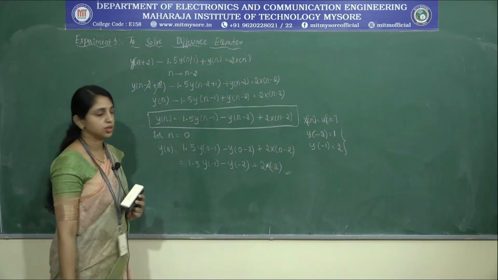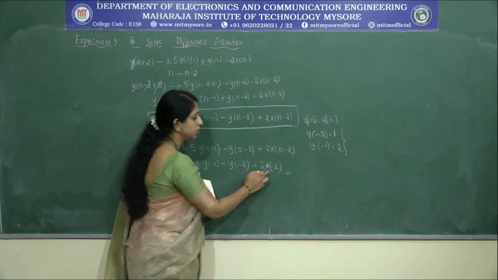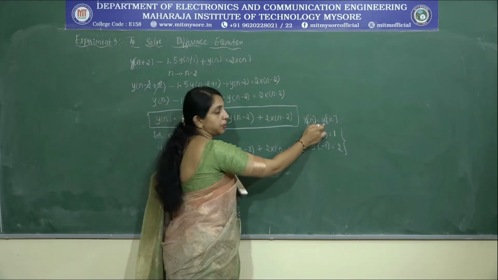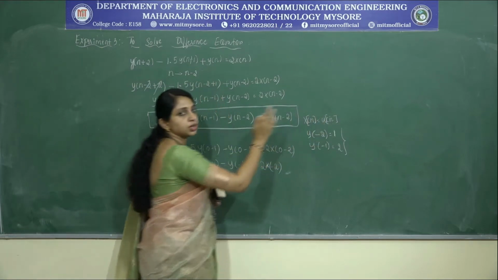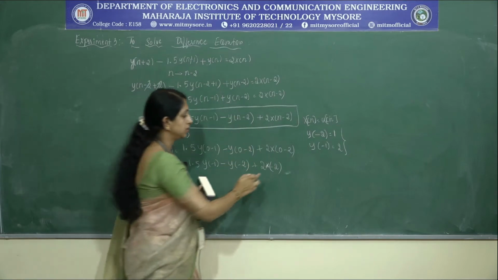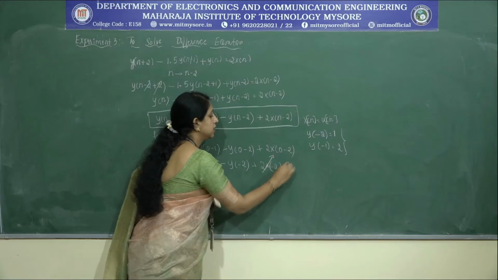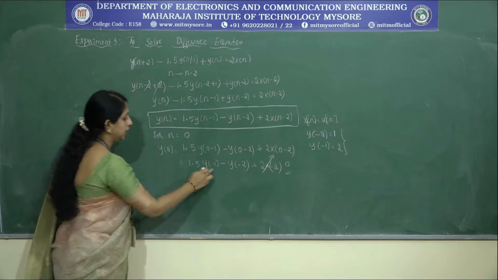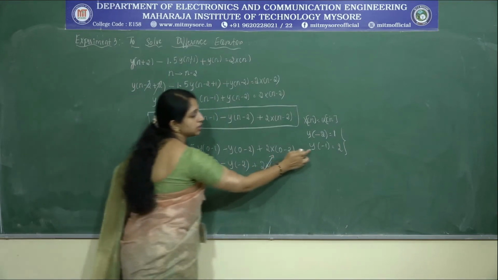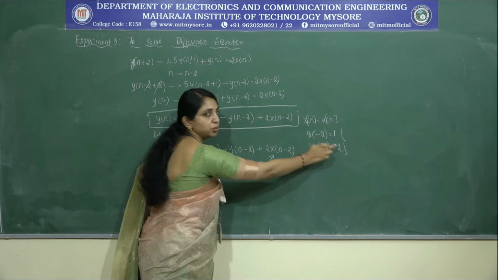x of minus 2. As I told you, the assumed input is the unit step function. A unit step function doesn't have a value on its negative side. It is completely taken as 0. Then y of minus 1 is the initial condition which is assumed to be 2.